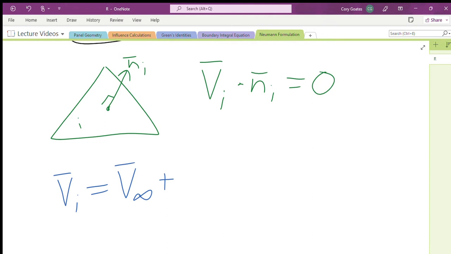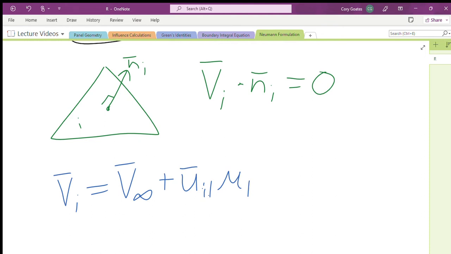So there's going to be some, and I'm going to use U here for my induced velocities, U_I1, and I'm going to use the nomenclature saying that this is the unit velocity induced by panel 1 on the centroid of panel I. And then this is multiplied by the strength of panel 1.